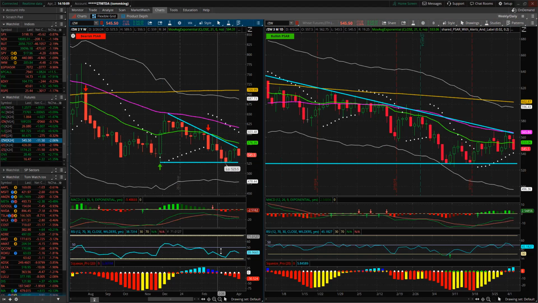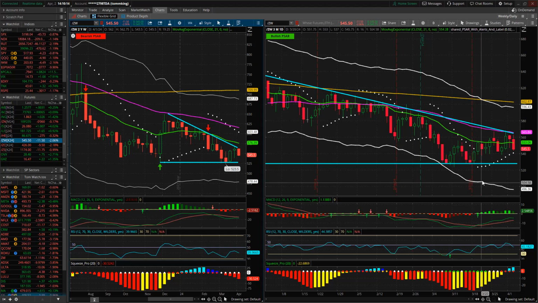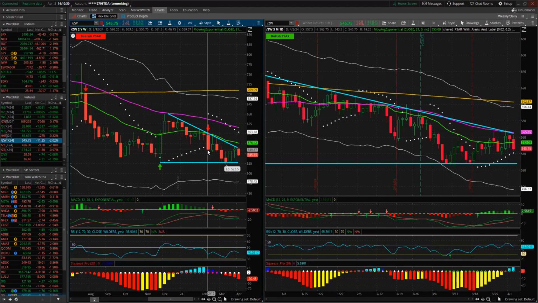So I did get long, even though the squeeze is happening. If I'm looking at the daily here, it doesn't really matter so much, because I'm in this thing for a 90-day put credit spread. So daily can do whatever the heck it wants. I'm just worried about the weekly here. And we set this thing down around 480.